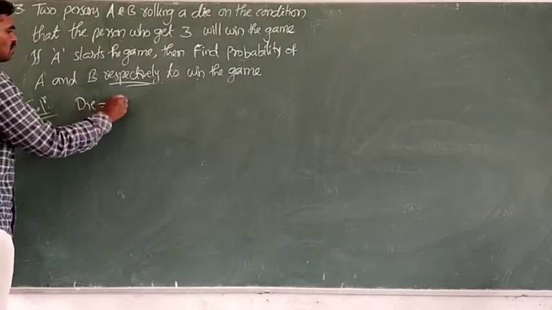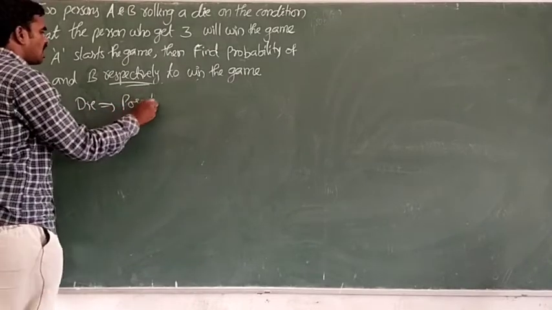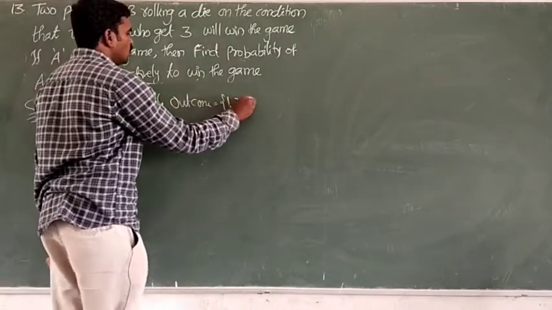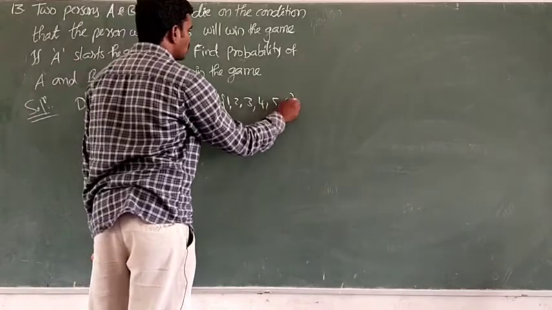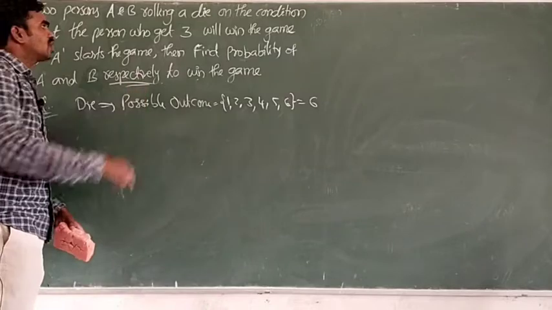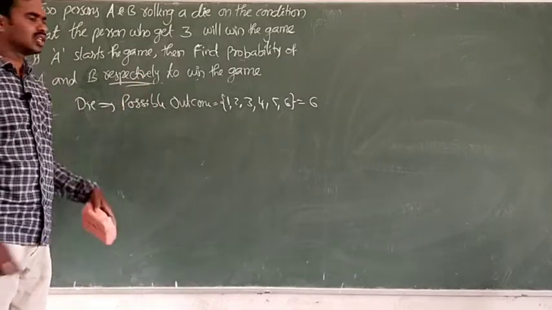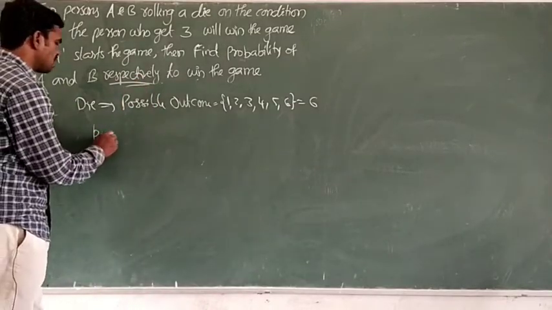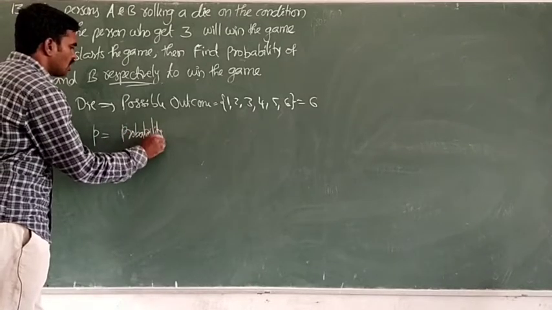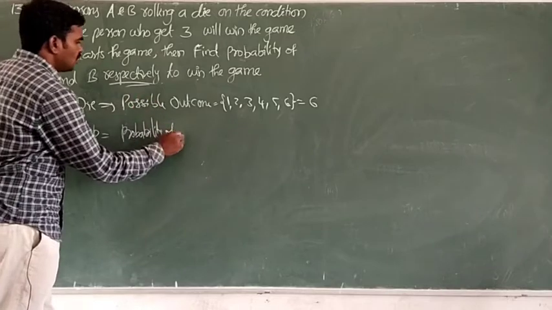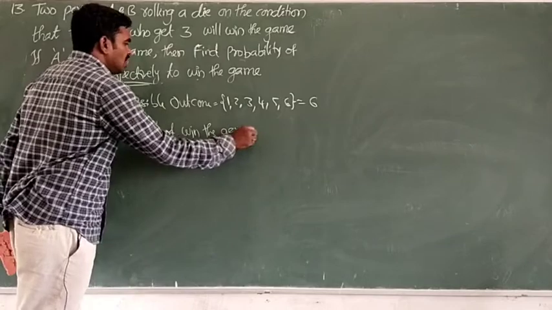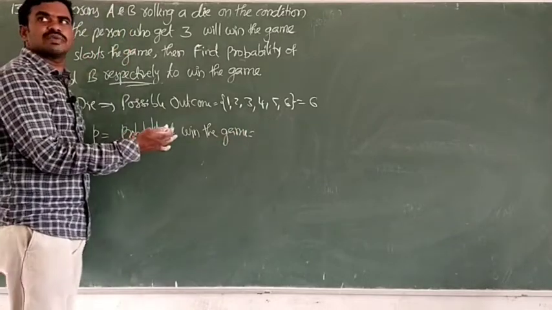For a die, what are the possible outcomes? 1, 2, 3, 4, 5, 6. Total number of possible outcomes is 6. Whoever gets the 3 will win the match. Suppose P is taken as the probability of winning the game. To win, a 3 must happen.